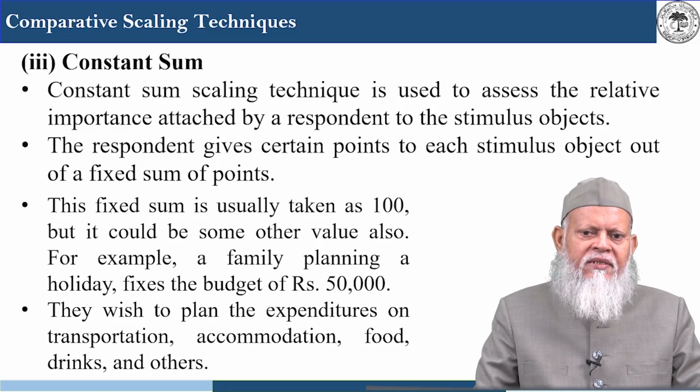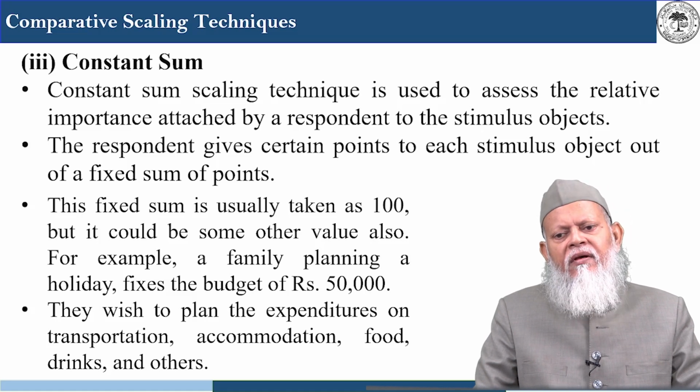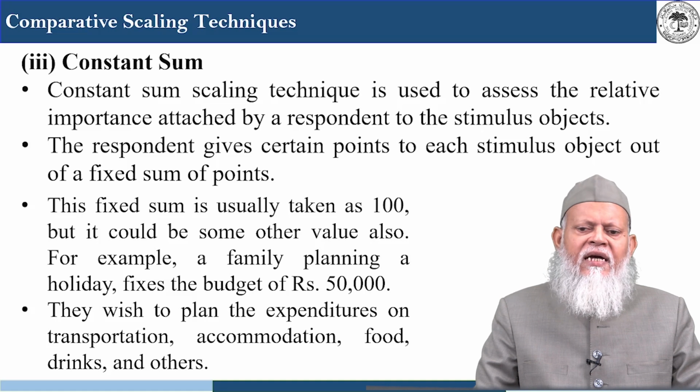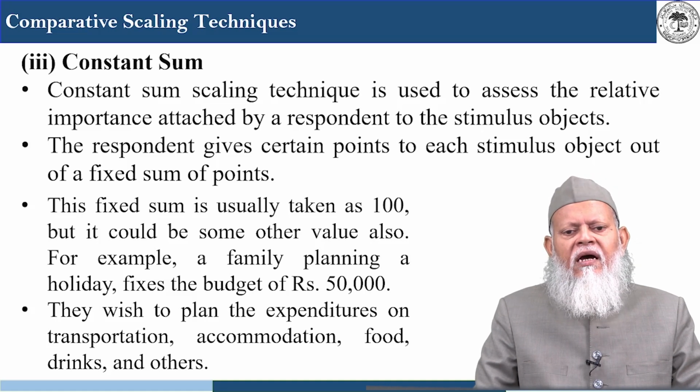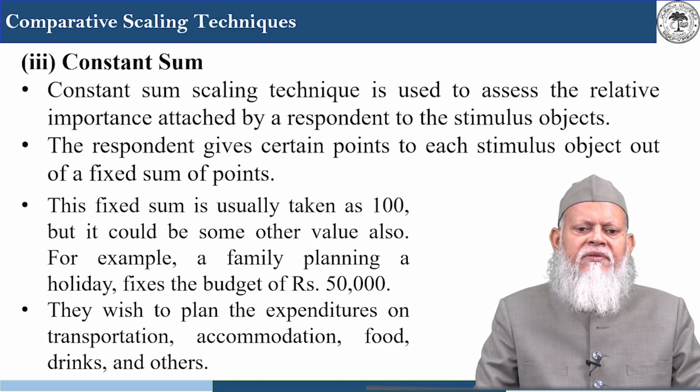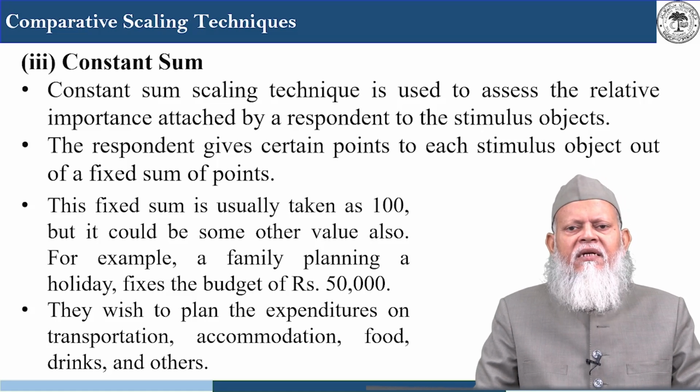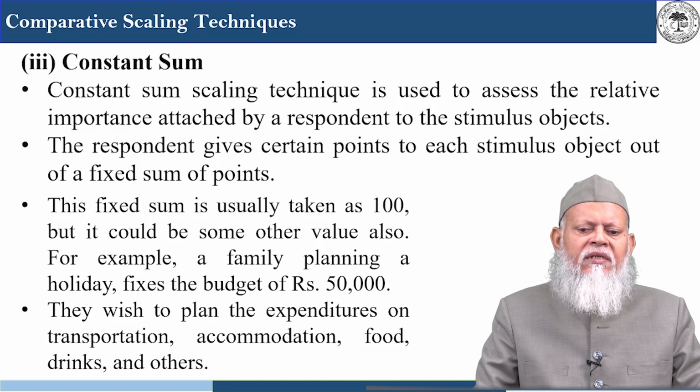What is the constant sum scaling technique? It is very easy, very simple, and a respondent has to give the relative importance to the stimulus objects. So, for example, a family is planning to go for a holiday and fixes the budget of Rs 50,000.